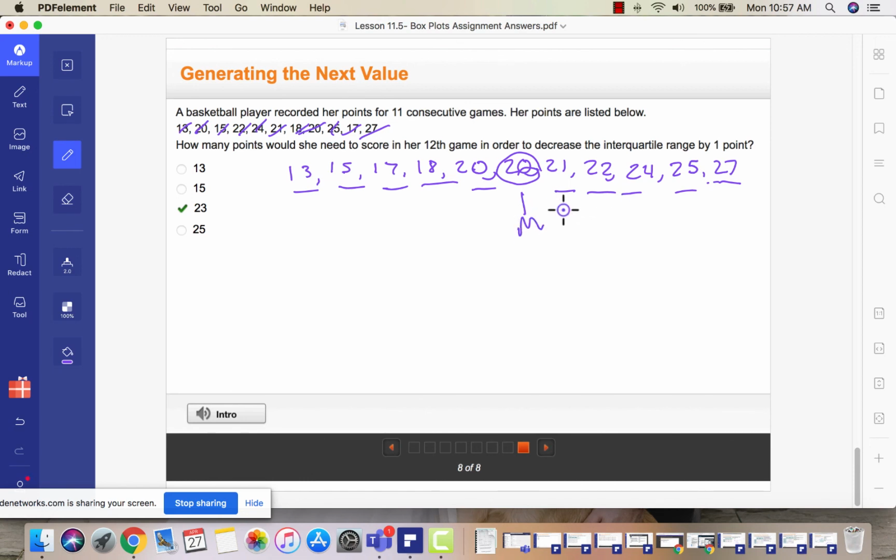Then we need to find our upper quartile value, which will be 24, and our lower quartile value, which will be 17. So this is going to help us find our interquartile range because we'll subtract our upper quartile, which is 24, minus our lower quartile, which will be 17. So 24 minus 17, which will get 7. So our goal is to have our interquartile range to be 6.